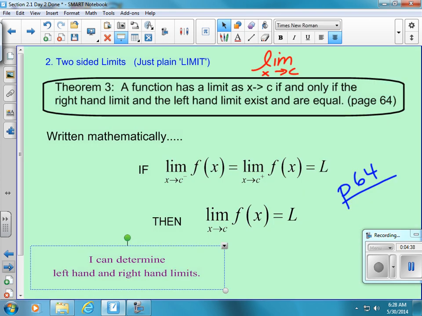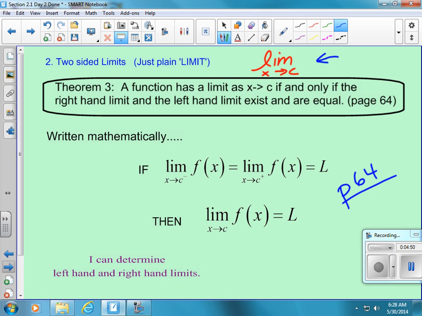Now, another theorem that we have is when you see a limit without a plus or minus, like the one written up here, this means that your left-hand limit equals your right-hand limit.